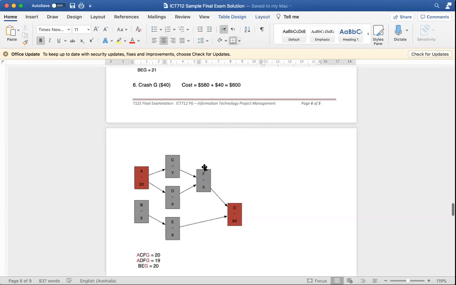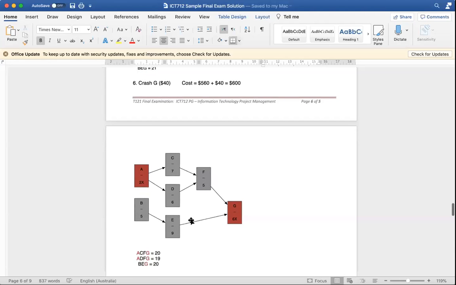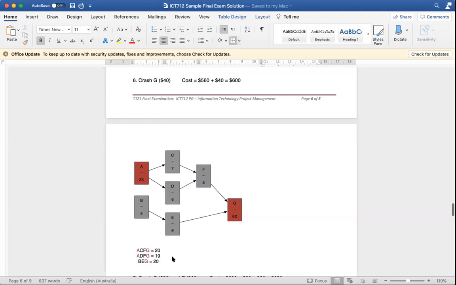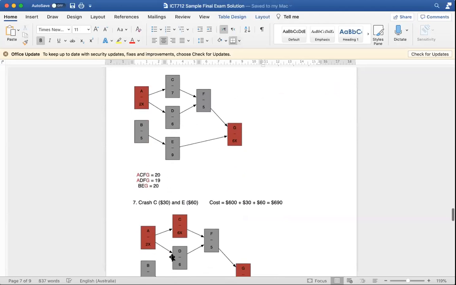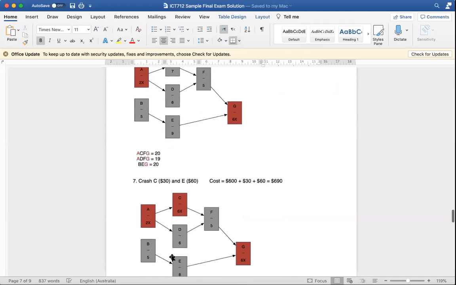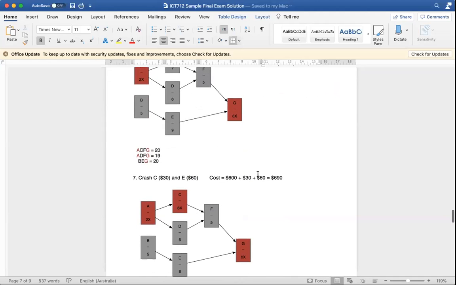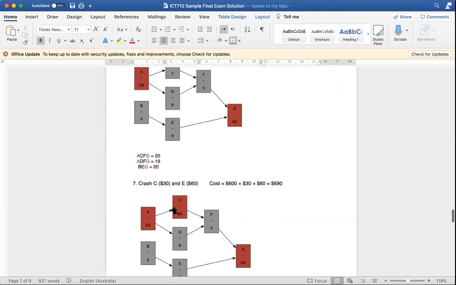So we went on this point here. We basically said, okay, what can we crash next? We said, well, we need to crash one, either C or F, and we need to crash either B or E, because we need to crash one from each path. We've decided to crash C and E because that was going to be cheaper. So 600 plus 90 equals 690. We've already crashed C before, so instead of 7, it's going to become 6x.